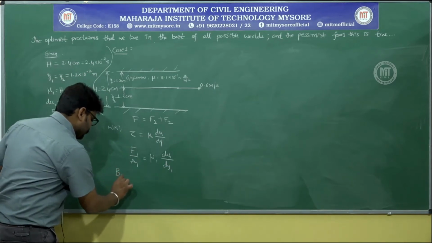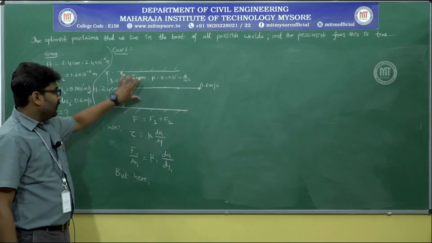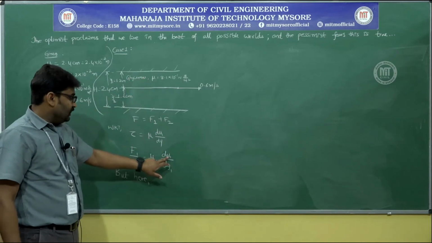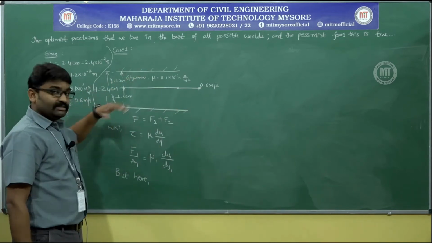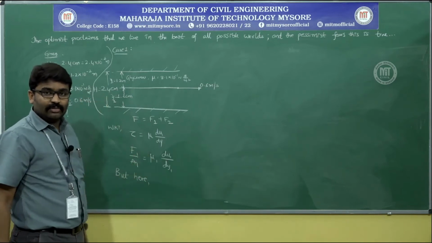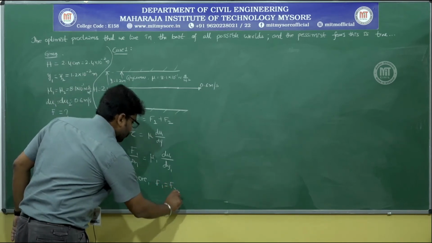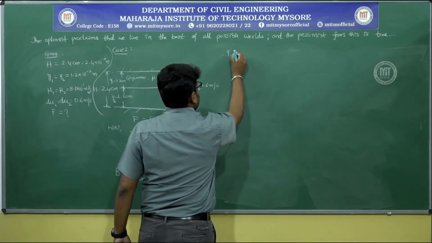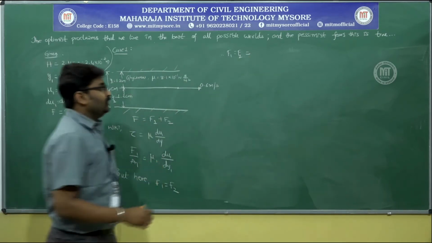But here you can observe A1 on either side does not change, mu1 on either side does not change, du1 that is the speed does not change on either side, dy1 the distance does not change on either side. That means F1 and F2 has to be equal. Therefore, I can write F1 is equal to F2 is equal to, send this A1 onto the right hand side.